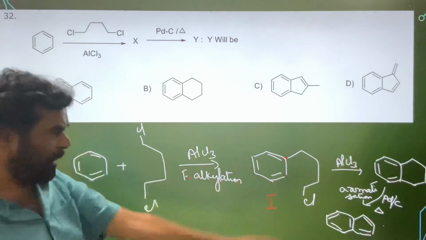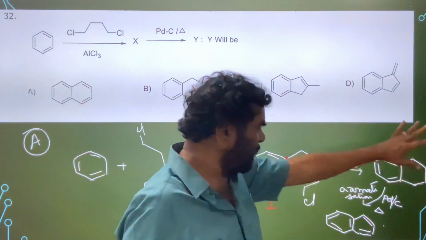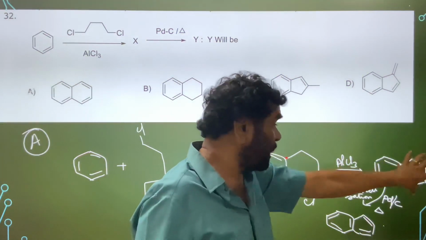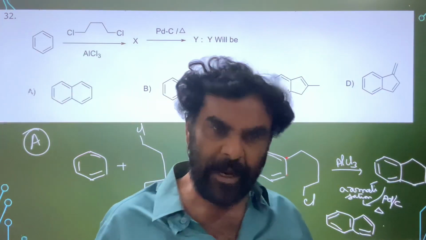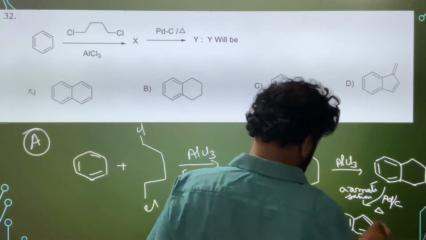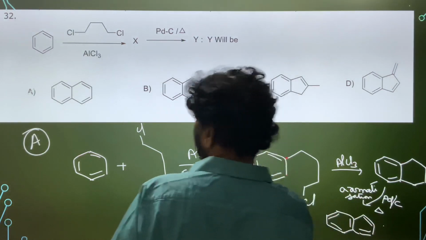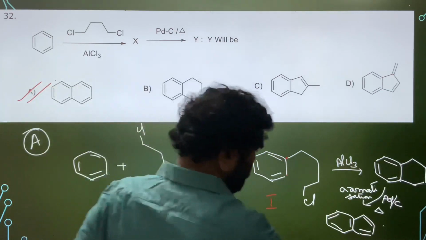The speciality of palladium-carbon heating is converting the non-aromatic ring into an aromatic ring. Dehydrogenation takes place. Therefore, naphthalene is formed. Naphthalene formation is your product. A is the correct option for this.